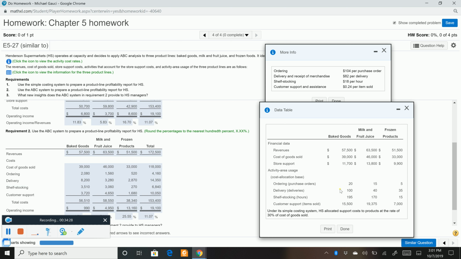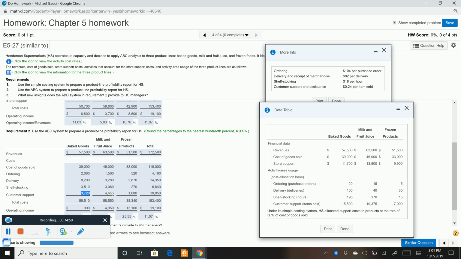Shelf stocking, number of hours for baked goods, 195 hours. Based on our analysis up here, upper right, $18 per hour. If you do the math, 195 times 18, 3,510. And lastly, customer support, 15,500 items were sold. And based on our analysis, 24 cents per item sold should be allocated to customer support, $3,720.